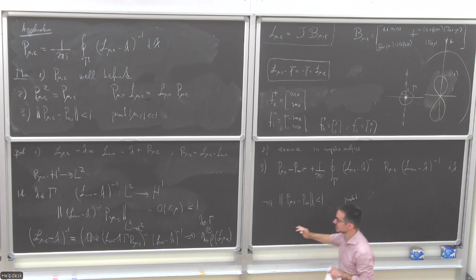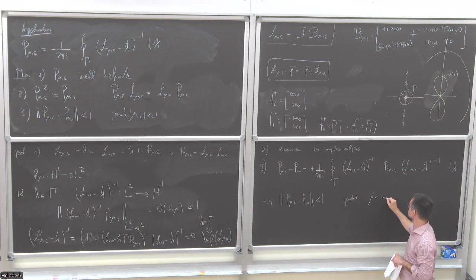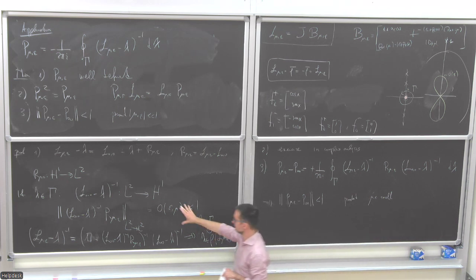The norm of this is small provided epsilon is small. Okay, by using this and the bound.